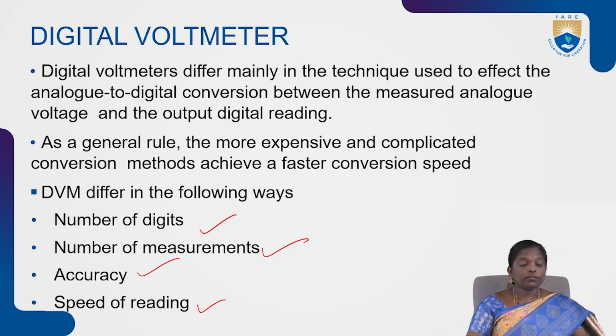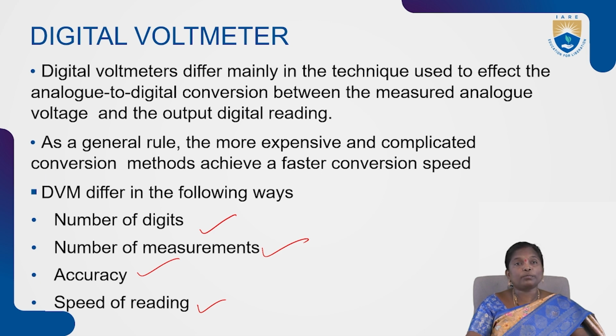All digital voltmeters are different in construction: one voltmeter is used to measure frequency, another to measure voltage.